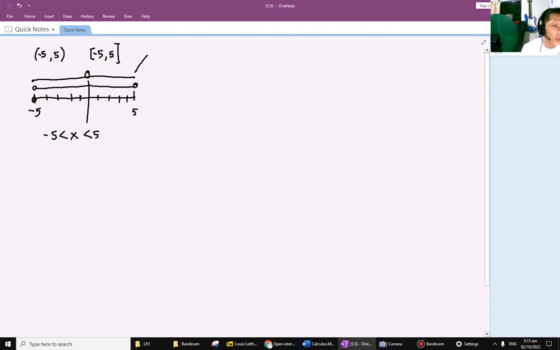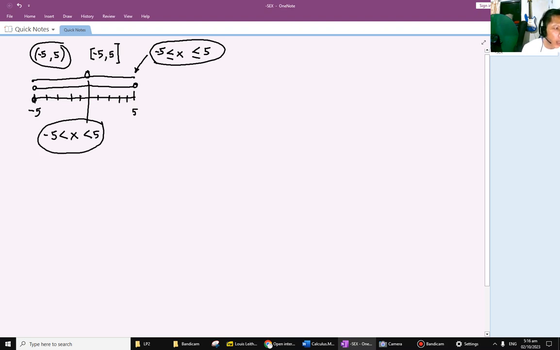The notation for this in inequalities is x is greater than or equal to negative 5, and lesser than or equal to 5. Take note of the difference of the equality.